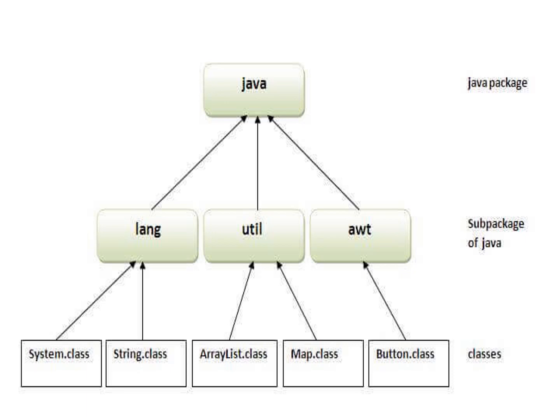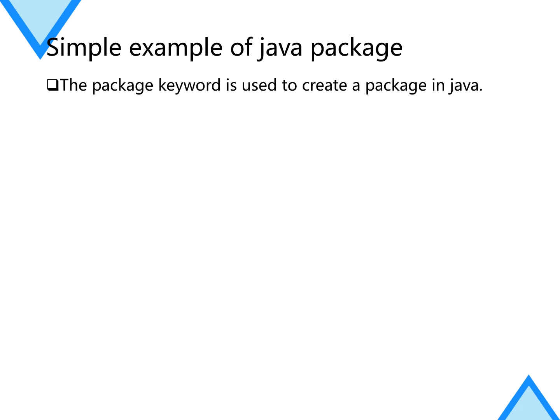The util package contains ArrayList.class, Map.class, and the AWT is used for visual programming. It contains the Button class, etc. Regarding the AWT, the abstract window toolkit, we will learn it in the part of Java in which we will practice visual programming, like using buttons, radio buttons and some text boxes, etc.